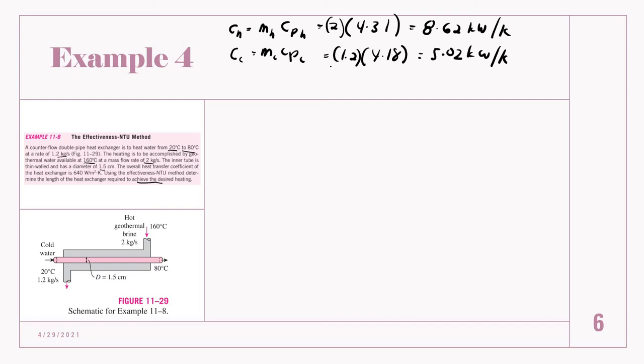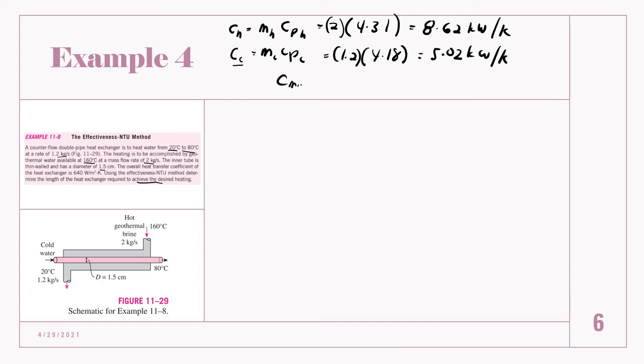Like I mentioned in the previous lecture video, we need to find the minimum heat capacity. When we compare the heat capacity for the hot fluid and the cold fluid, we can see that the minimum value goes to the cold fluid.